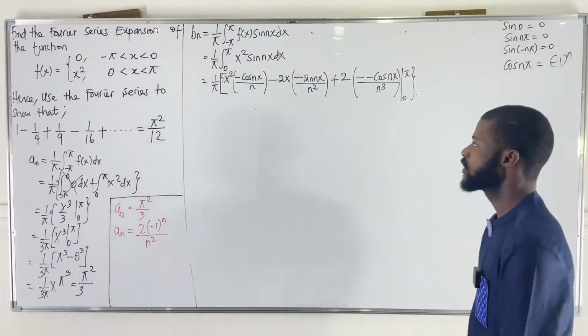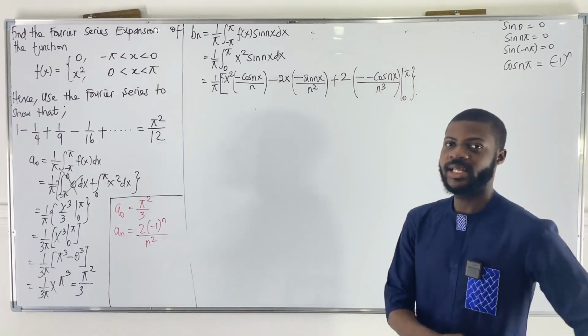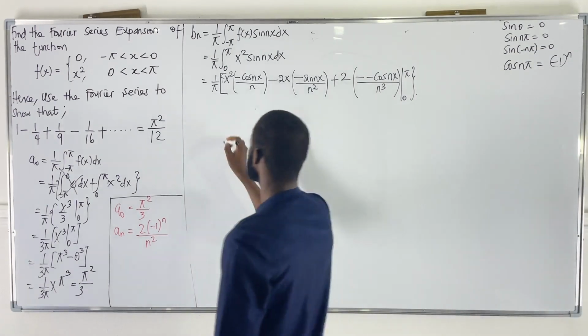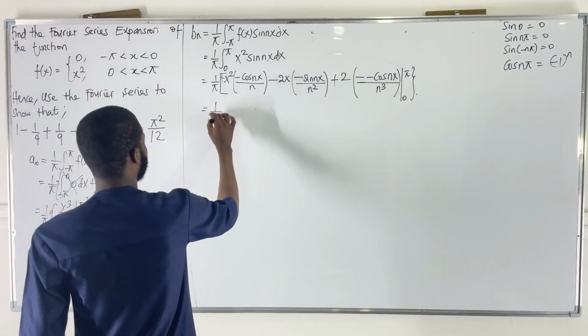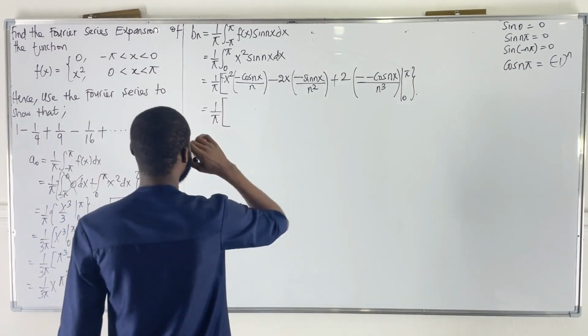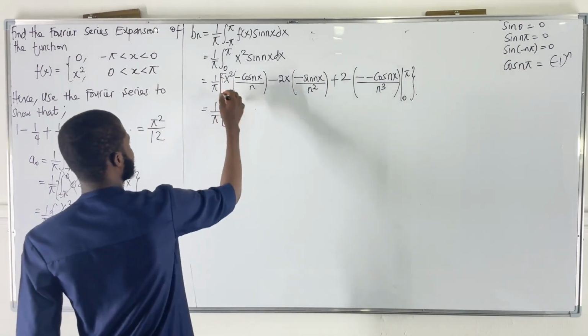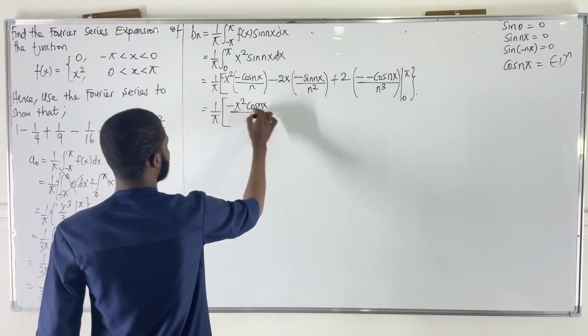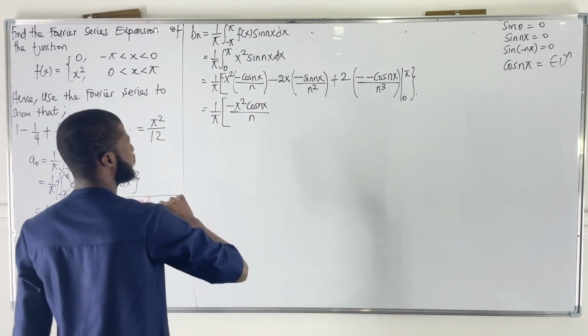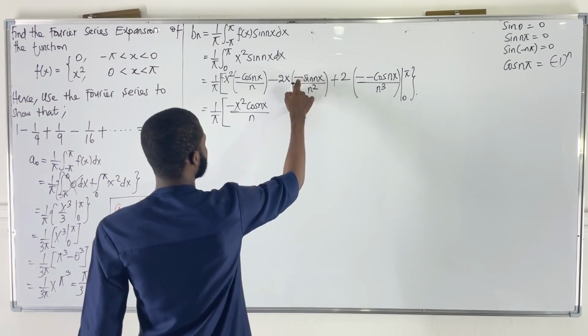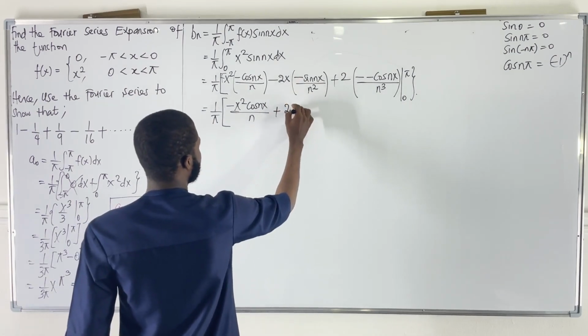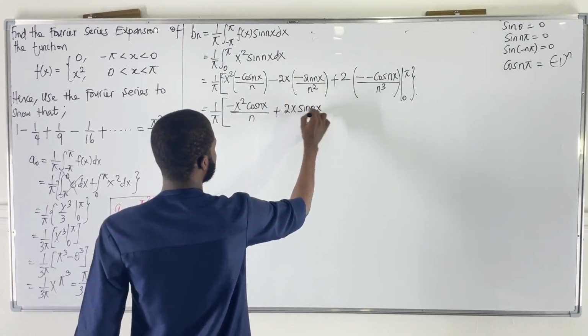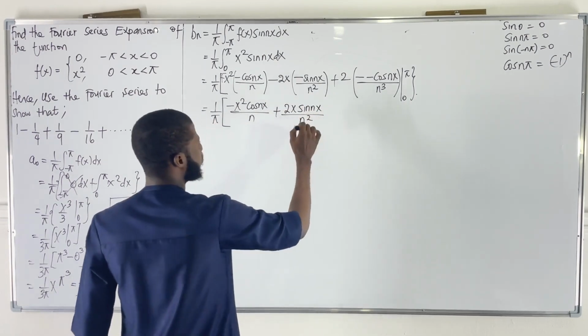Okay, so let's simplify our expression. This will be 1 over pi, then minus times plus is minus. So this is minus x squared cos nx divided by n. Minus times minus will give me plus. So this is plus 2x sine nx divided by n squared.